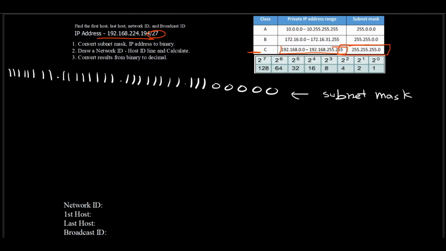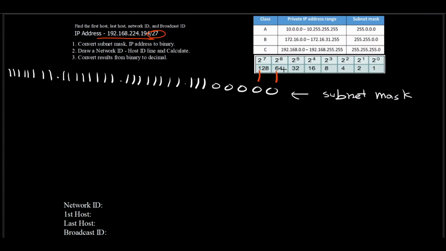Now next I want to find my IP address. The IP address is starting with 192. Let me go to the charts and calculate 192. So 128, yes. 64, yes.